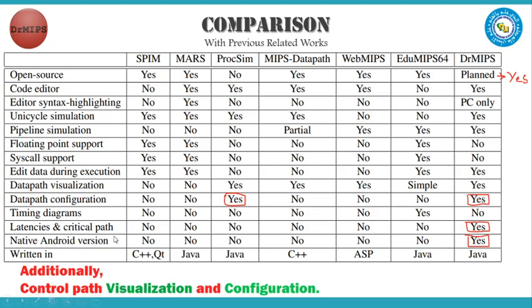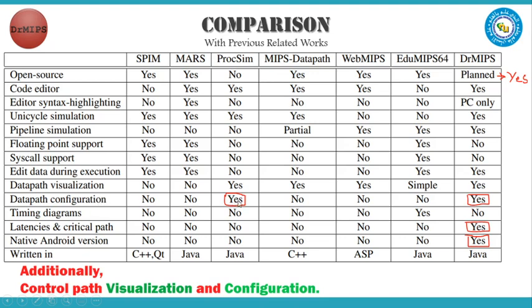The other one is latency and critical path. As Dr. MIPS simulator provides a performance mode, in performance mode we can see the latencies and critical path of the CPU. Next we have data path configuration. It is data path configuration and also, to some extent, control path configuration, because it implements to some extent a control path to completely run the CPU execution.